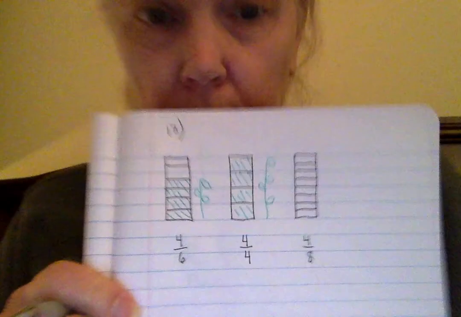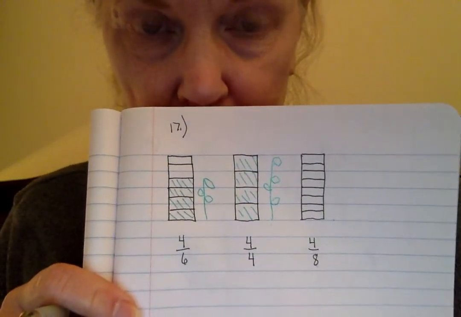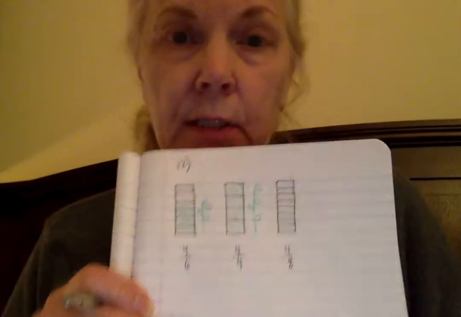The next one is 4/4 of a foot. 1, 2, 3, 4. Okay, well, that plant is that tall. And the next one is 4/8. 1, 2, 3, 4/8 of a foot tall.